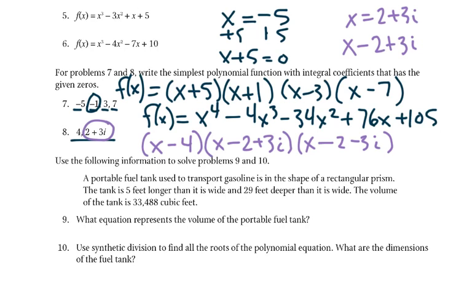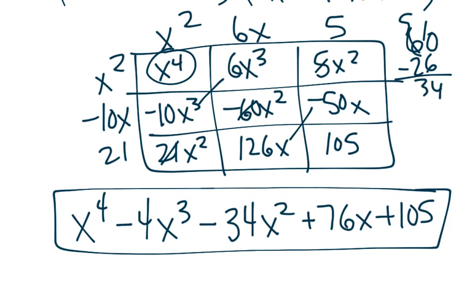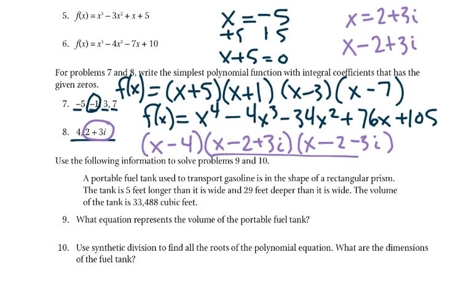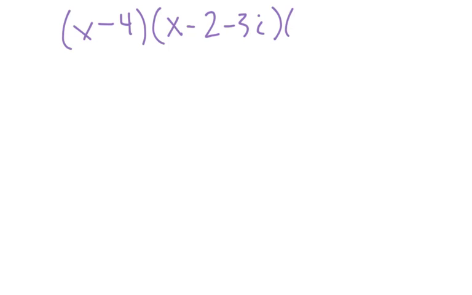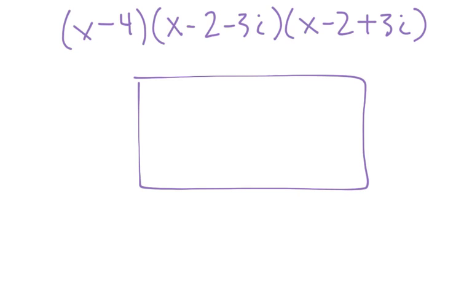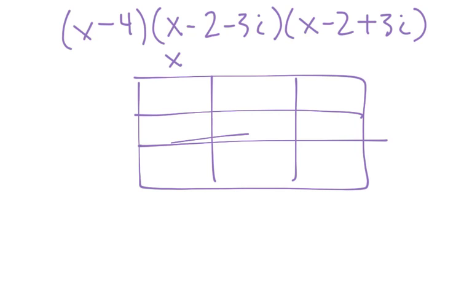Alright, so once again, we're going to have to multiply these out. So let's give ourselves some space. Okay, and we'll start off with these guys because they're uglier. Here's all our factors again. So, use the area model. Let's multiply out. So x, negative 2, negative 3i.